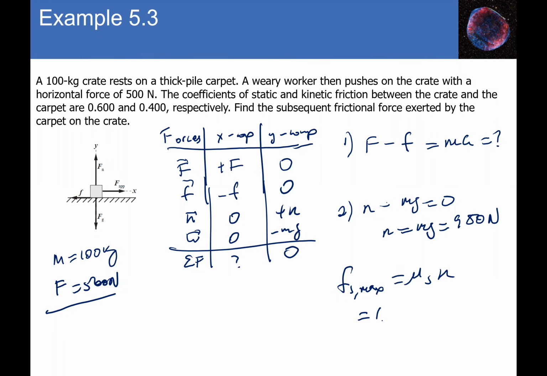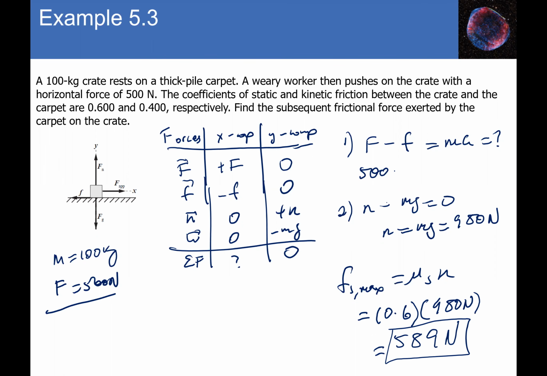And I have that, right? I have the coefficient of static friction, which is 0.6, and the normal force, which is 980 newtons, and I can calculate this to be 589 newtons. So the maximum static friction is 589 newtons. Now, what does it mean about the applied force?